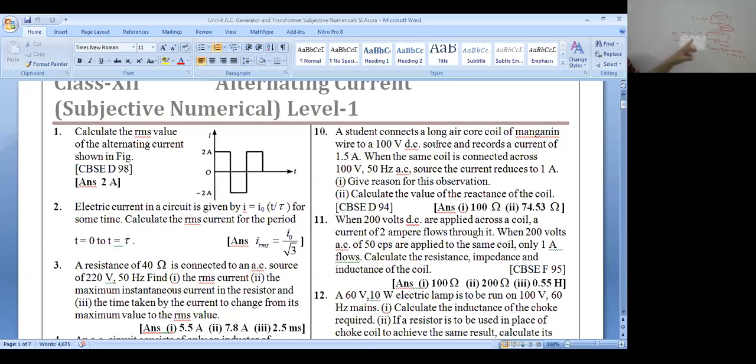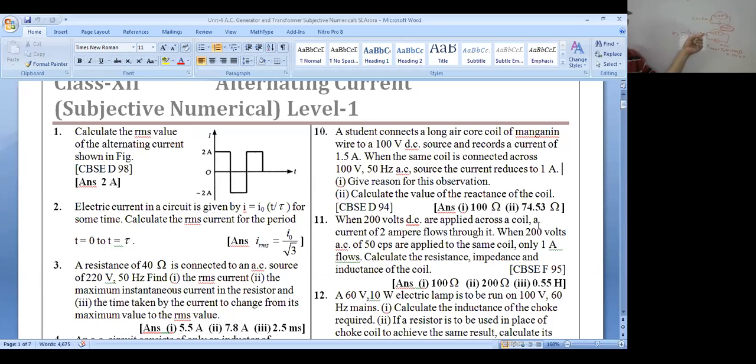I is equal to E by R, and R is whatever it is, but here something is added, XL. That is why the impedance is more than in the previous case, and the current reduces to 1 ampere. This is the reason.